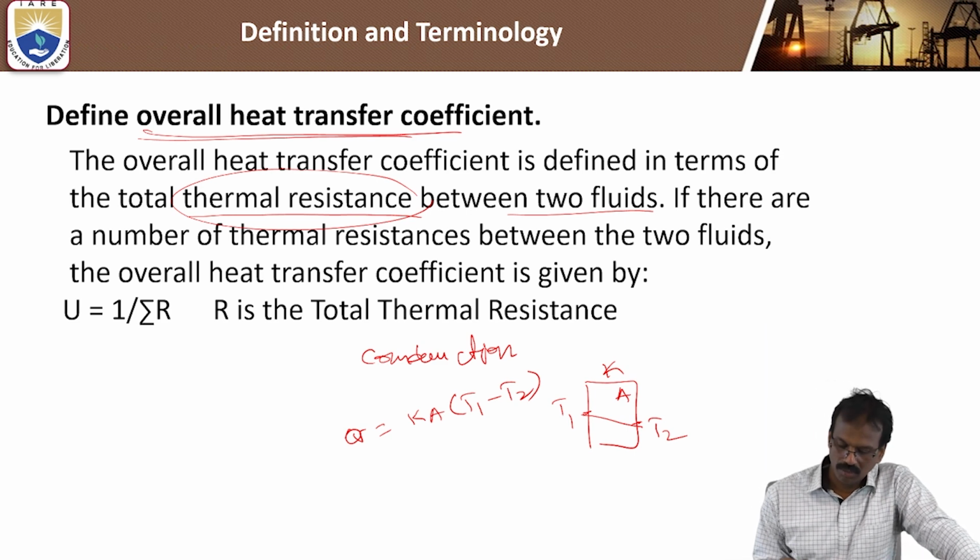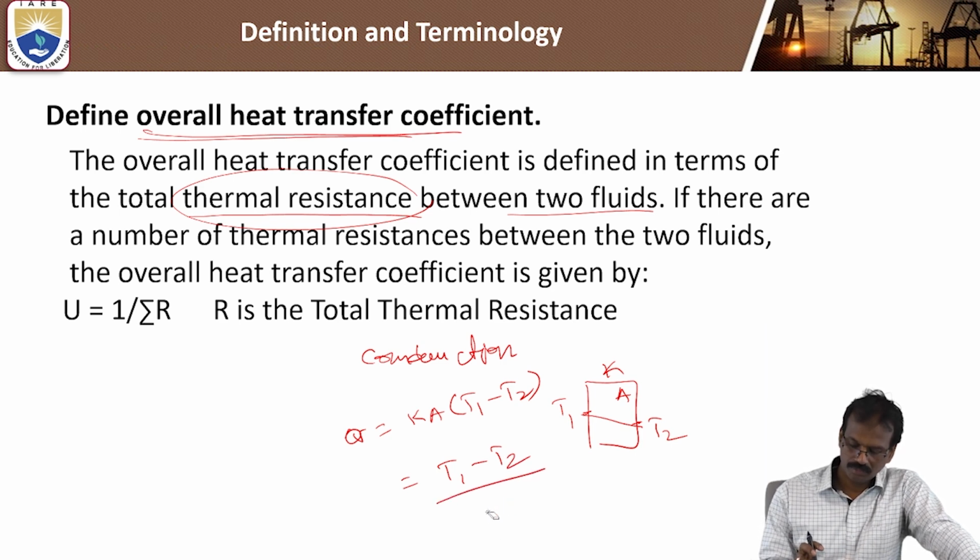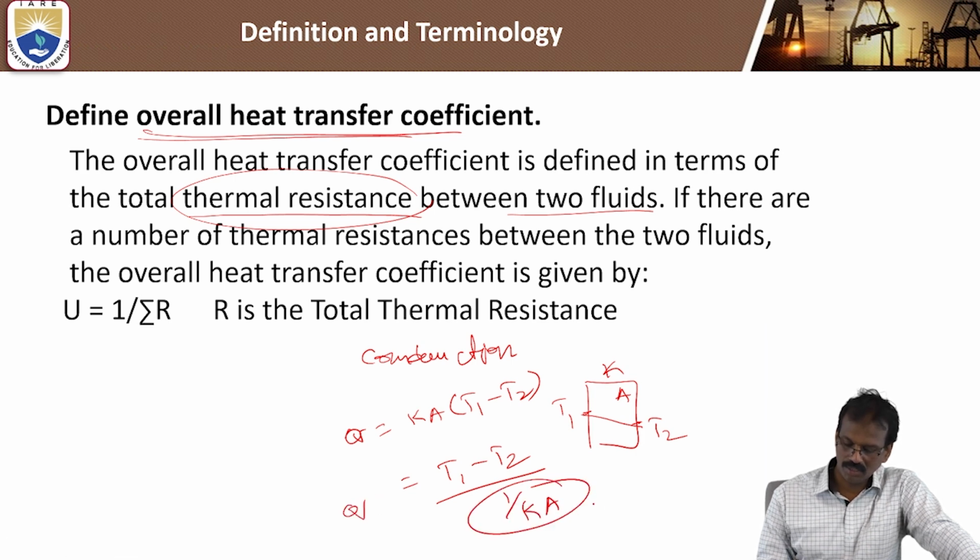We can write it like this: Q is equal to (T1 minus T2) divided by 1 by KA. So this 1 by KA is nothing but the thermal resistance.